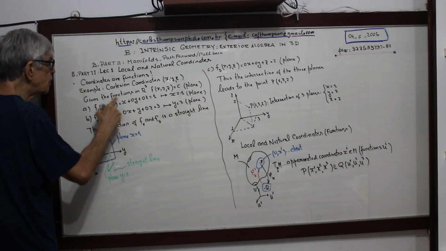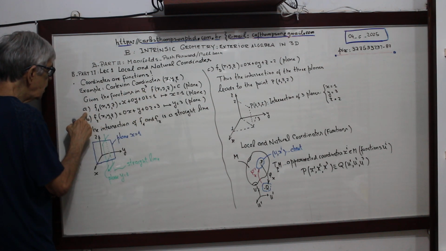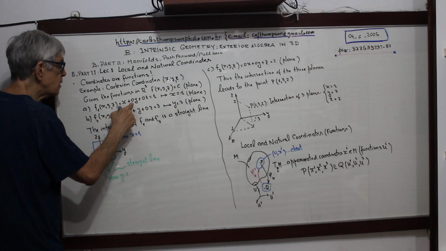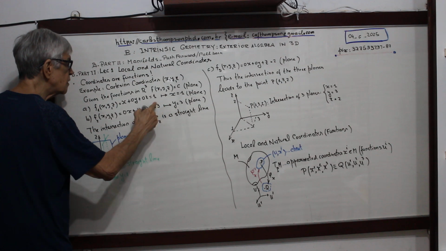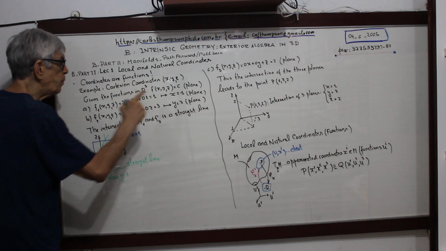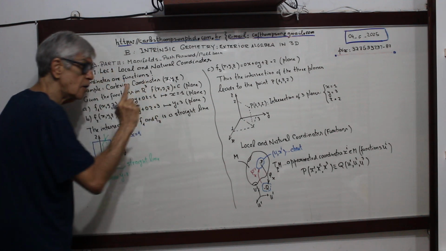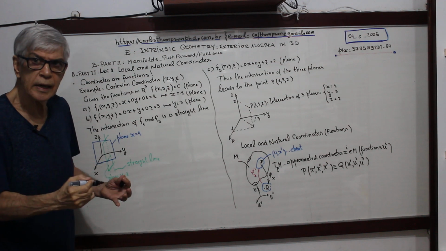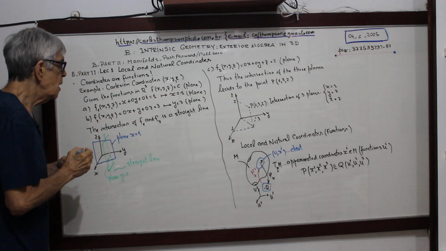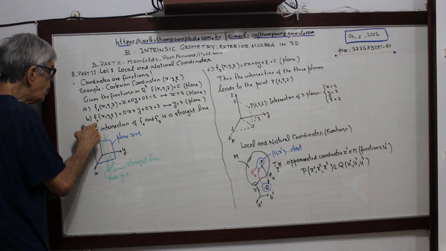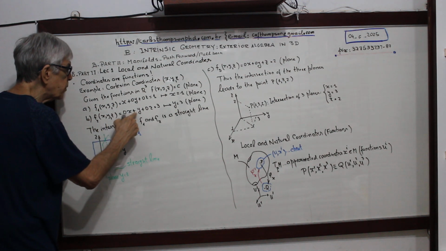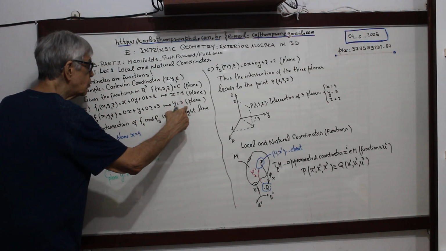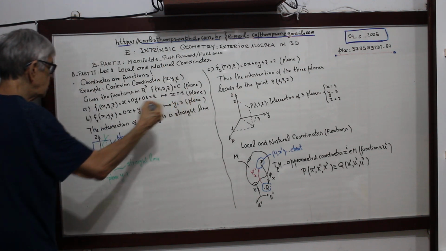Given the function in R3, item A, f1(x,y,z) is equal to x plus 0y plus 0z, for instance, equal to 1. So x, the coordinate, attention now, the coordinate x equal to 1 is a plane. Now, f2(x,y,z) is 0x plus y plus 0z equal to 3. Y equal to 3 is another plane, okay?